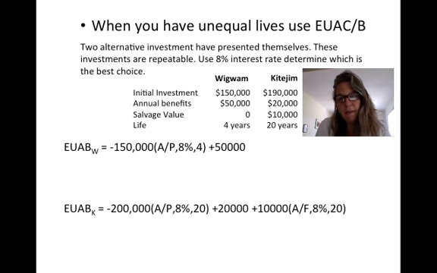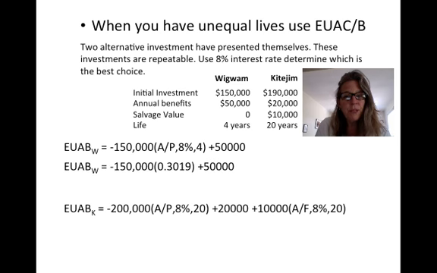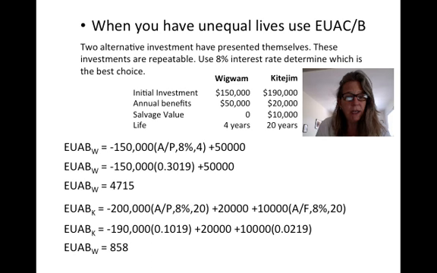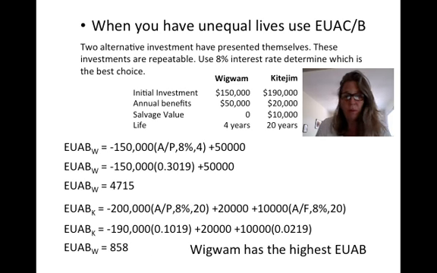And the same for the salvage value at the end. So this calculation came to be $47.15, and this calculation ended up to be $8.58. So what we do is we choose the Wigwam, which has the highest equivalent uniform annual benefit. So we choose, this should say, that should be a K. We choose the Wigwam.